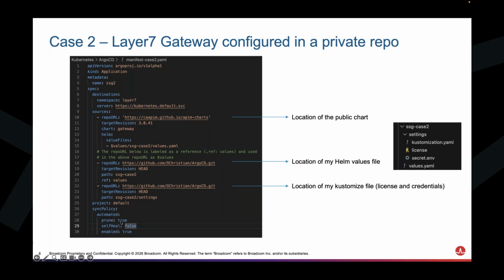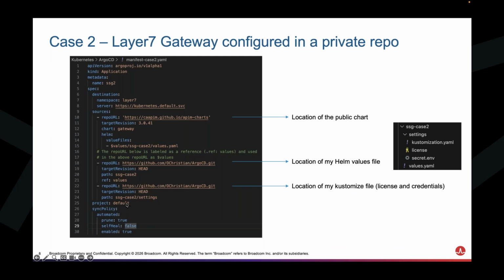So ArgoCD provides a lot of capability for defining how you do the synchronization. Pruning is basically if a reference is available on your target platform but no longer available on Git, it will then remove it from the platform where the application is defined.